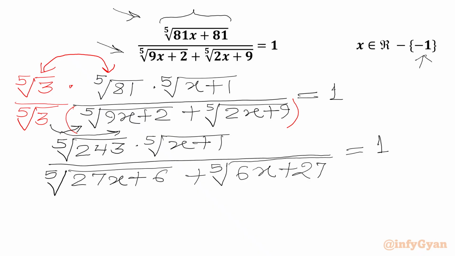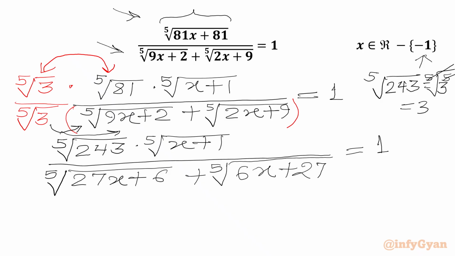Now fifth root of 243 is 3. Let me write here fifth root of 243 will be equal to fifth root of 3 power 5. So fifth root and power 5 will cancel. We will get 3.